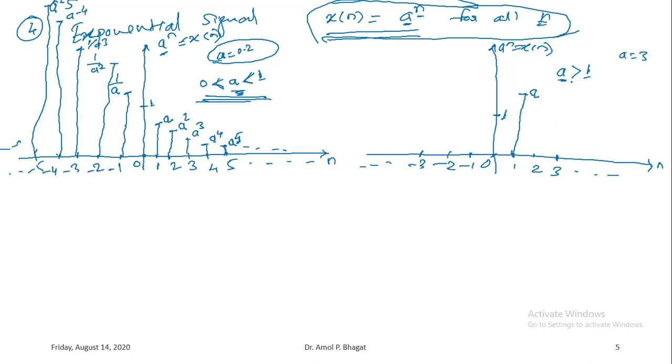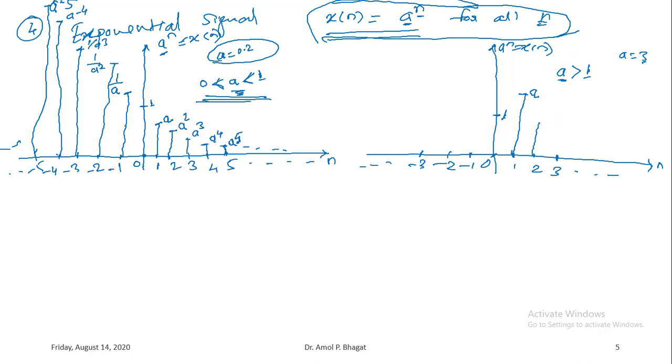Then obviously, if I am taking a equal to 3, at n equal to 1 the value of signal will be 3, at n equal to 2 it will be 3 square, that is 9, at n equal to 3 it will be 3 cube, that will be 27.